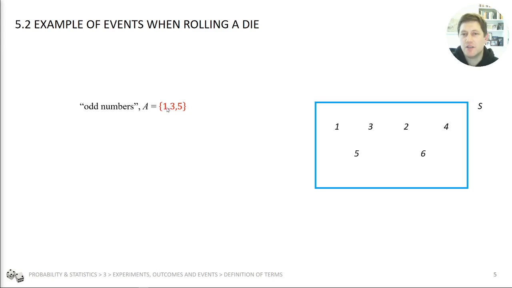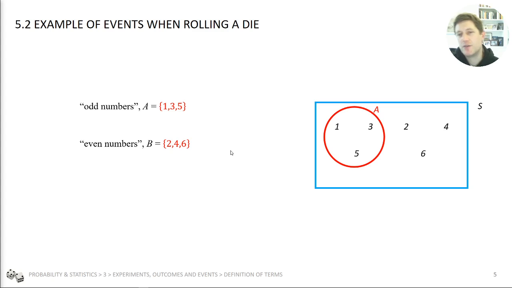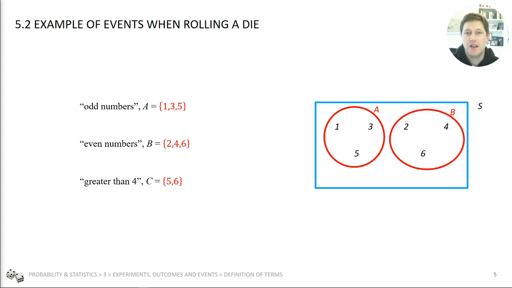So the event is 1, 3 or 5, and we can recognize that on the sample space sketch. Likewise, even numbers are 2, 4, 6. Another event could be greater than 4, and that would be 5 and 6. So we can see that we have different events within the sample space, each with its own definition.